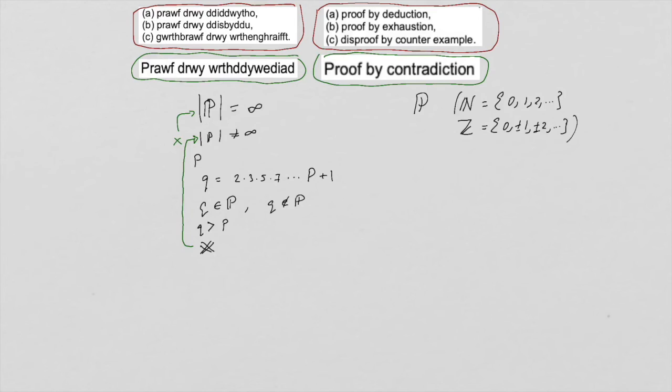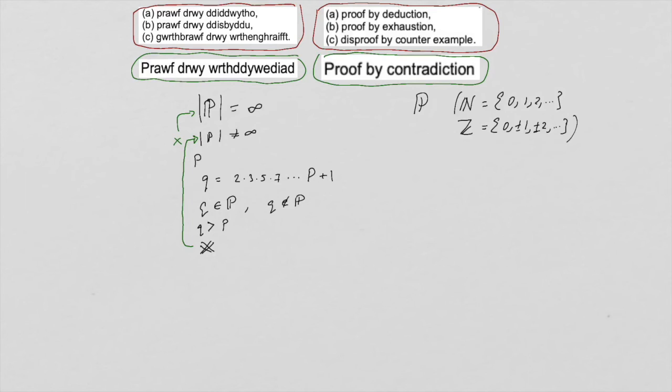So let's look at the case where Q itself is not a prime number. Well, this tells us that there must be a number less than or equal to P that divides into Q. Because P is the largest prime number, then any number that does divide into Q must be less than or equal to P. But if we try to divide by the prime numbers up to P, then we can see what happens.